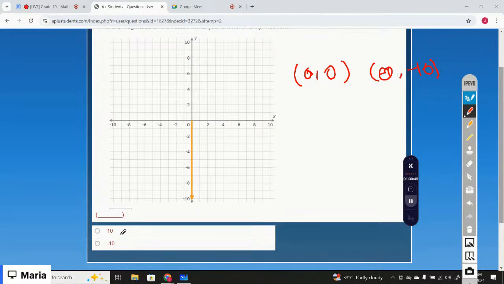So basically the magnitude of the vector is the absolute value of the difference of the y coordinates, right? So negative 10 minus 0 is negative 10, but that is an absolute value, so the correct option is 10. Option number 1 is the correct option. The magnitude of the vector is 10.